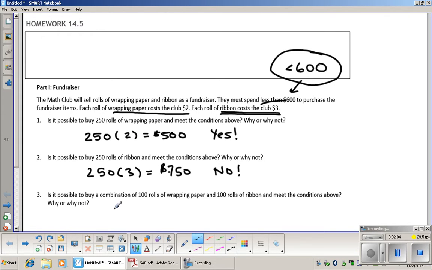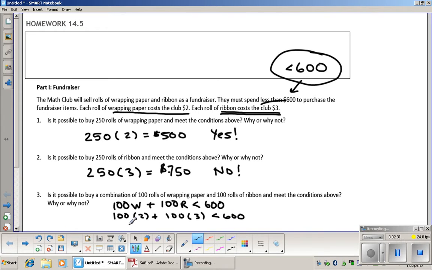If I buy 100 rolls of wrapping paper, so 100W, and I add that to 100 rolls of ribbon, so 100R, that whole thing has got to be less than 600. So this is really ultimately what I'm checking. 100 times $2 each, that's the wrapping paper, added to 100 times $3 each, that's the ribbon, is less than $600 as a whole.